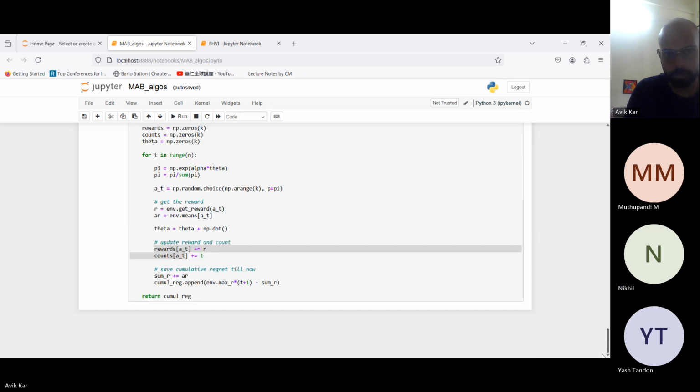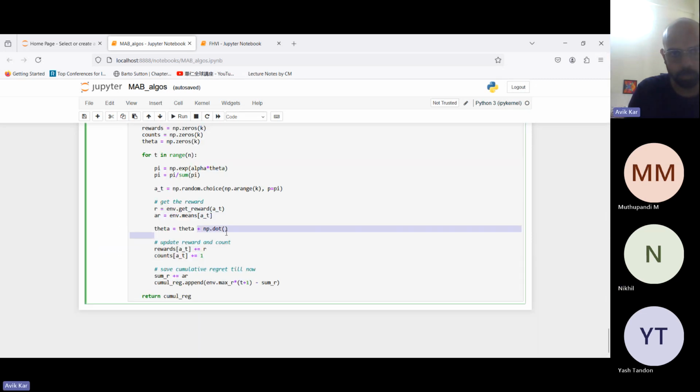So the first vector is the estimate, where the rewards vector is basically the mu hat, and then dividing it by counts and taking a maximum with 1, because otherwise it will give infinity.